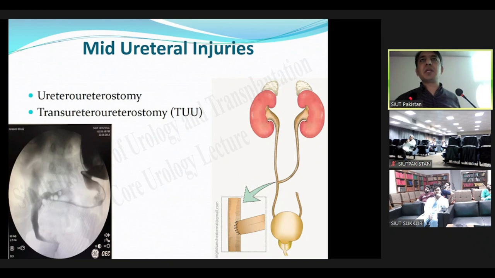The relative contraindication is, as Dr. Walid mentioned, nephrolithiasis, because there will be difficulty to pass a scope retrograde. And the others are retroperitoneal fibrosis, or radiation, genitourinary tuberculosis, and urothelial malignancy.